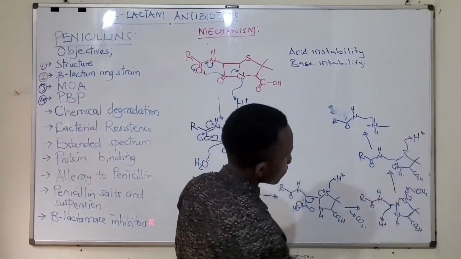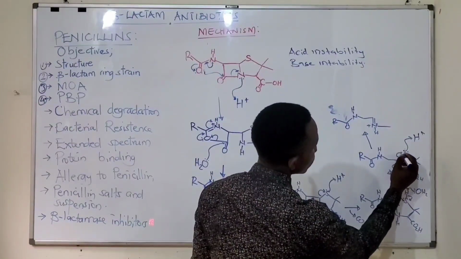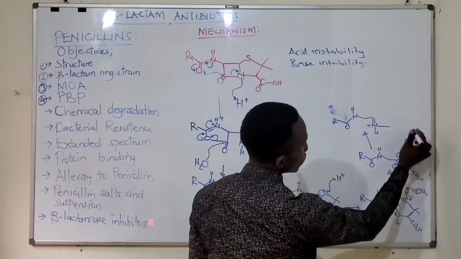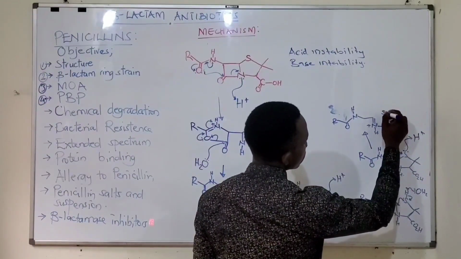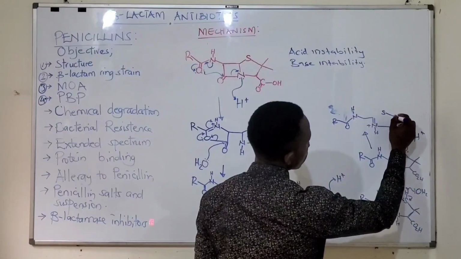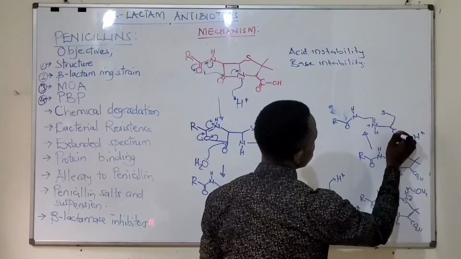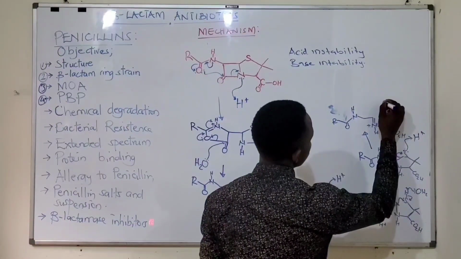The ring will break, because if this one forms a bond, this one has excess. So this one breaks, we get the hydrogen, meaning that this bond broke off long time ago. So we have this. This is hydrogen.